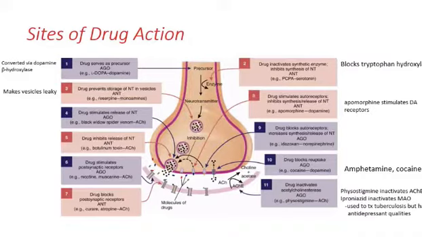This is a diagram from your textbook, and it shows the major sites of drug action. In the first two, we have the drug serving as a precursor for a neurotransmitter. In the example of L-DOPA being converted to dopamine via dopamine beta hydroxylase, that drug would act as an agonist. It would produce more of the dopamine, causing more of it to be available.